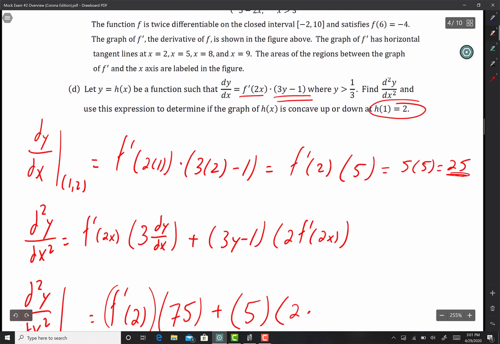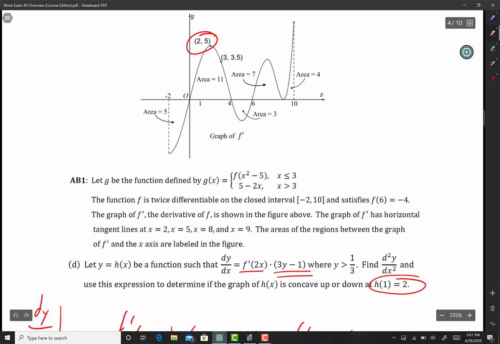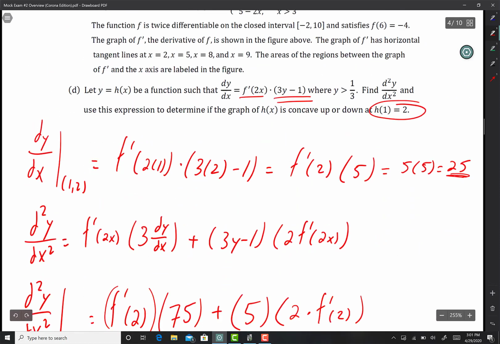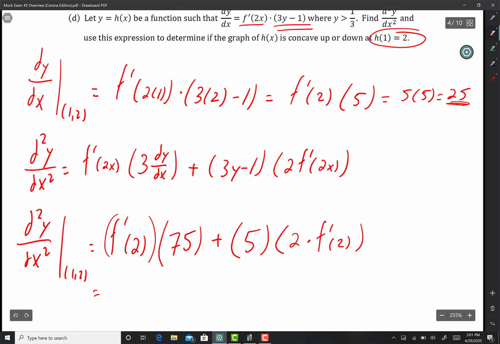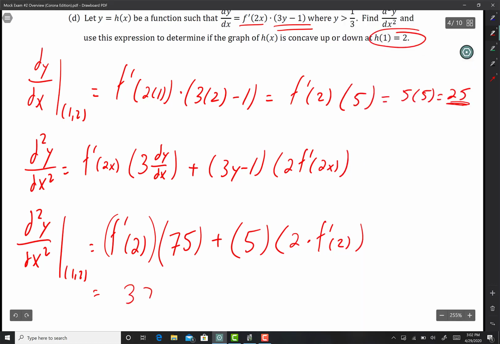And f prime of 2 was what again? Man, short-term memory. I'll just write f prime of 2 since I already have f prime of 2 over here. All right, let's see what this is. f prime of 2 is 5. So 5 times 75. Come on, buddy. 5 times 75. So 375. And plus 5 times 2.